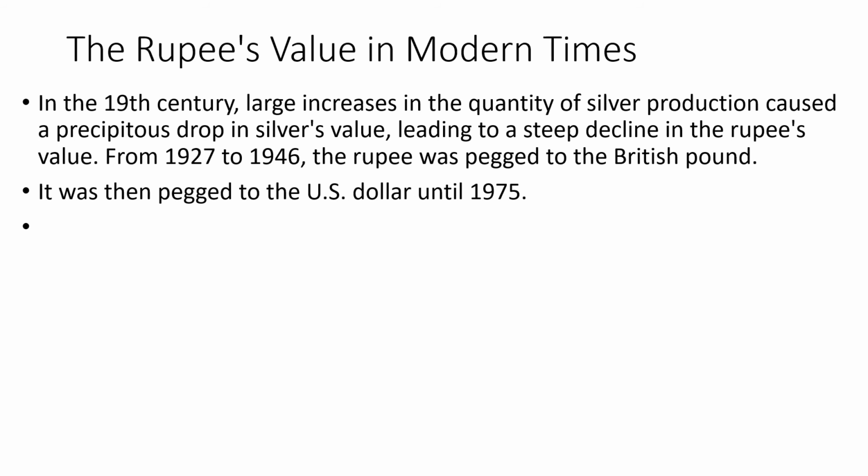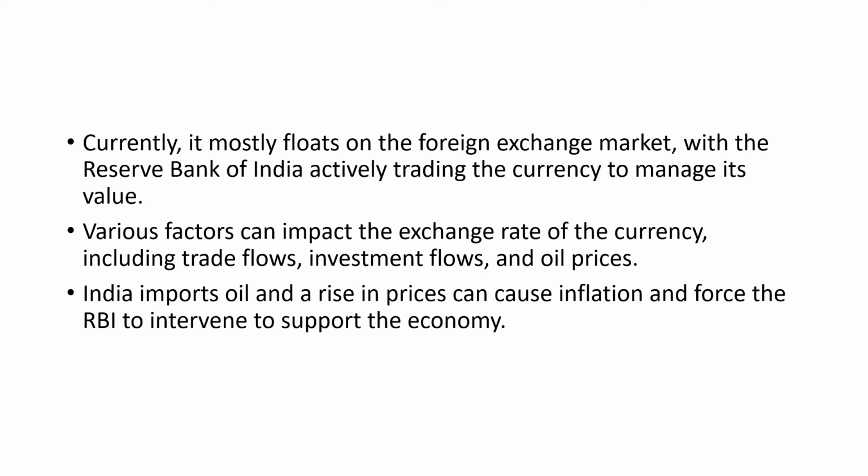The importance is that you won't allow the value of the rupee to slide below the lower limit, and you also make sure that the value of the Indian rupee does not go above the upper limit. So that is the case. Later, the currency of India was pegged to the US dollar, and this happened till 1975.